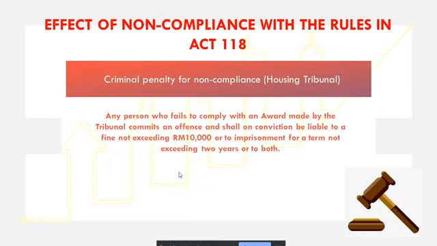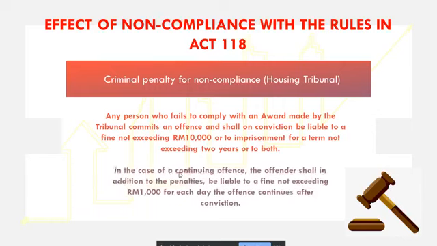So yang cerita kat sini dia katakan, kalau tadi kita buat claim dari bawah 50,000 tadi, so developer gagal nak bayar kat home buyer, house owner. So bila dia gagal, dia akan dikenakan denda tak lebih 10,000, atau penjara 2 tahun atau kedua-duanya sekali lah. Kalau dia gagal untuk bayar yang claim kita tuntut tu.